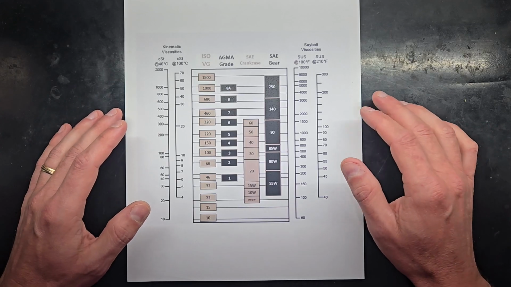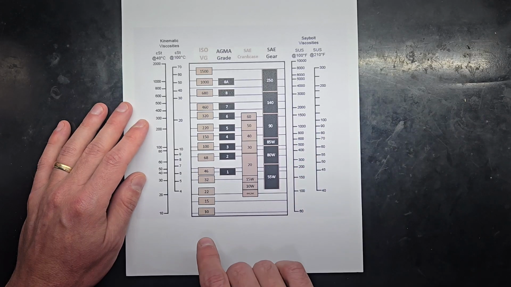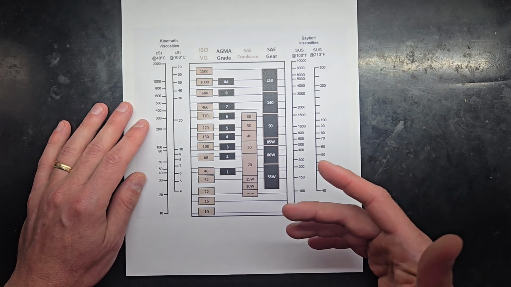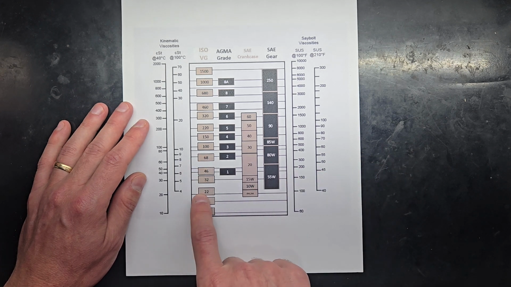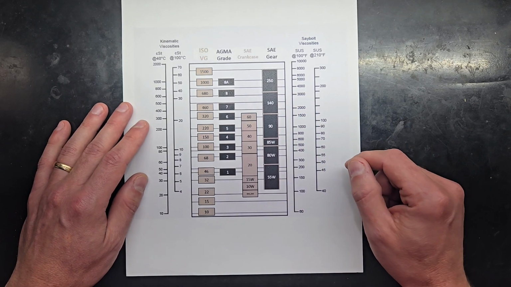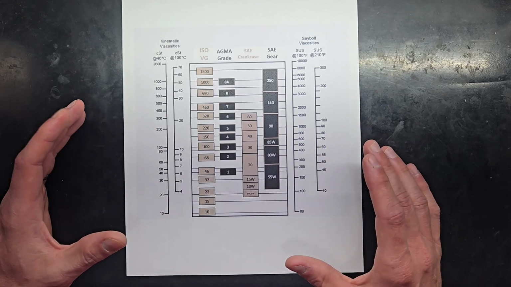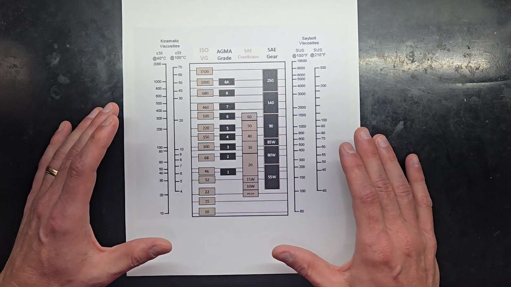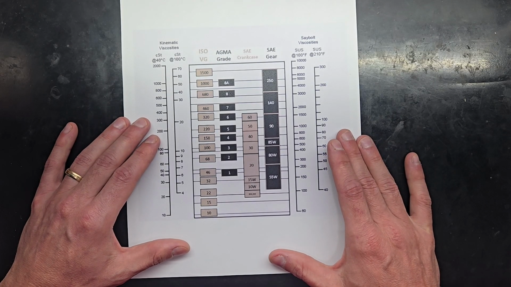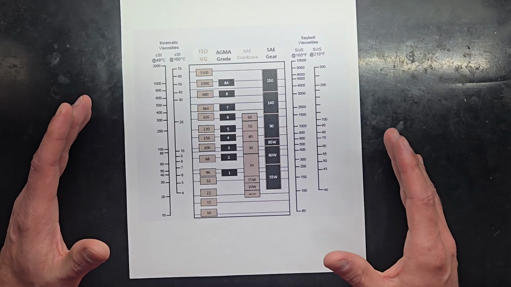So here we're going back to this table where we can see the different types of oils that we would be most familiar with. Kind of our hydraulic oils, our engine oils, our gear oils. All of these industries have focused on the viscosity of the oil being the primary definition of where that oil's going to be used or how that oil should be applied.